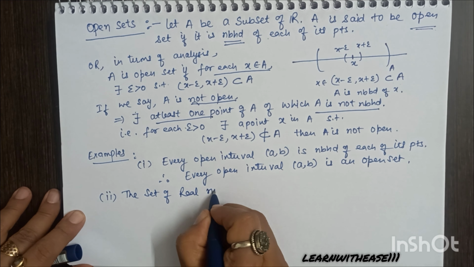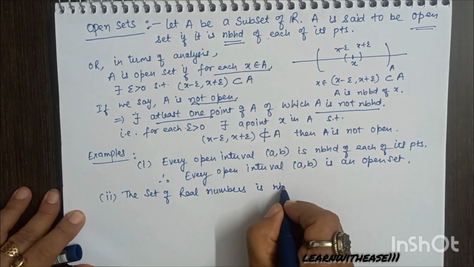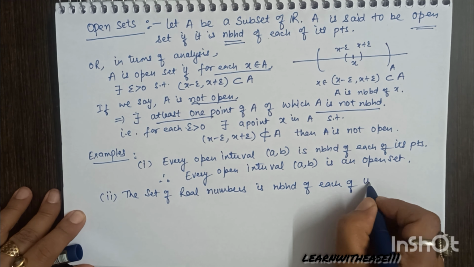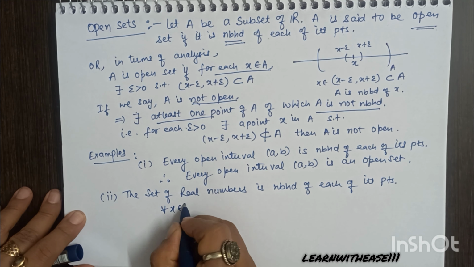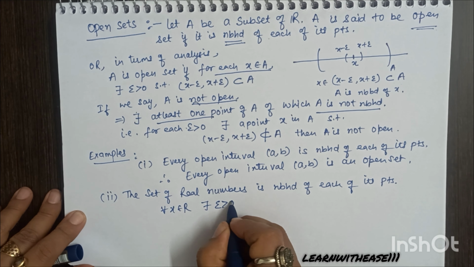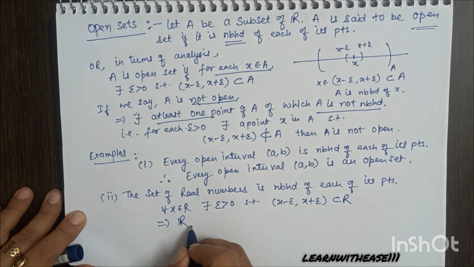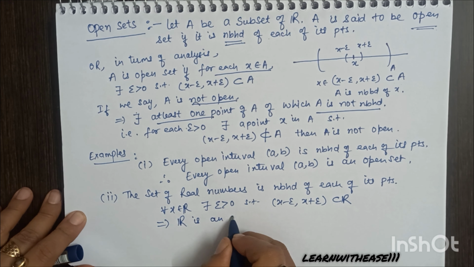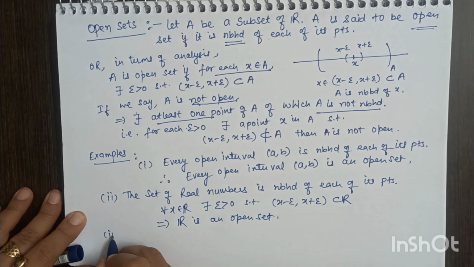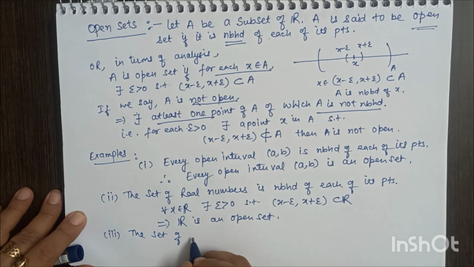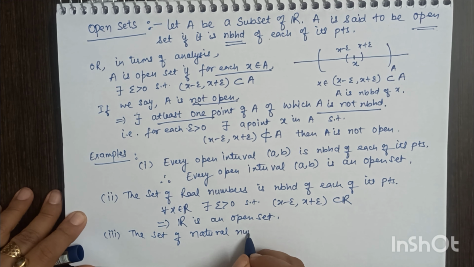We have discussed these examples in the definition of neighborhood lecture. Second, the set R of real numbers is a neighborhood of each of its points. Whenever we choose any real number, the open interval containing that point lies in the real number set. Therefore, R is a neighborhood of each of its points and hence open.